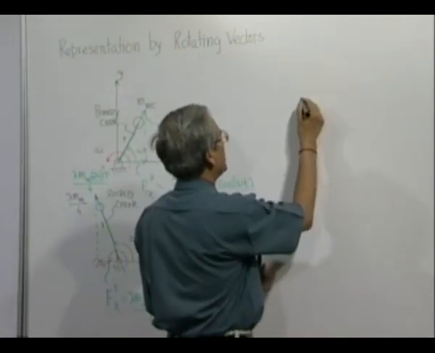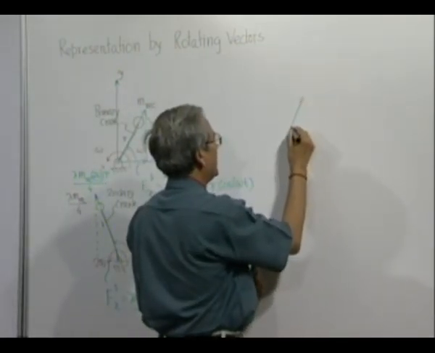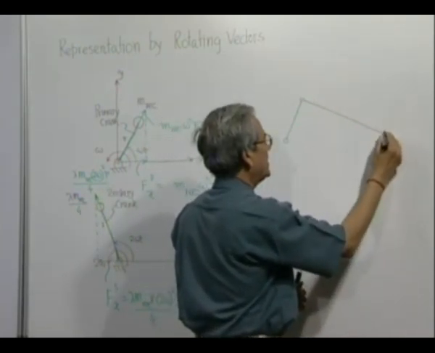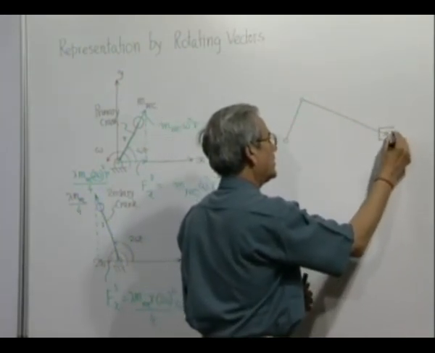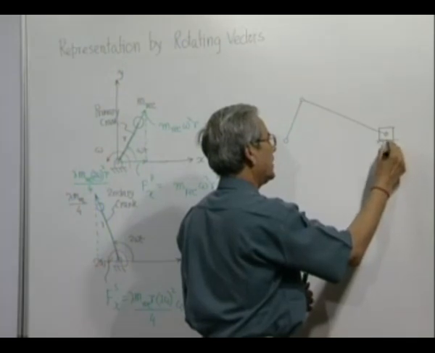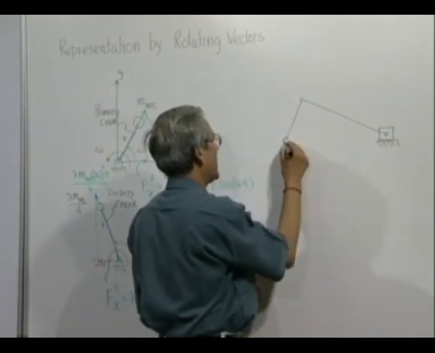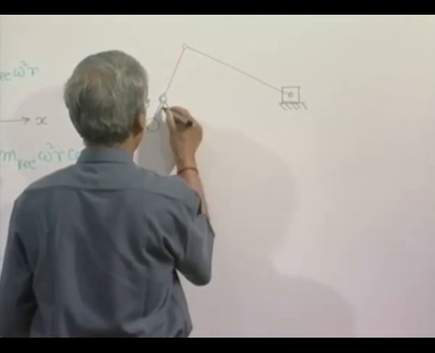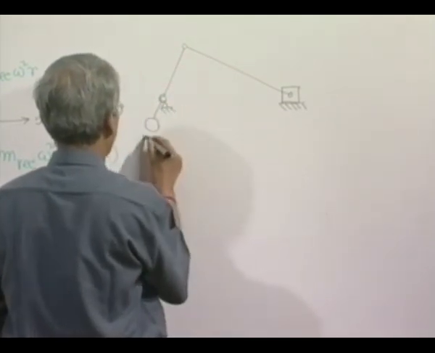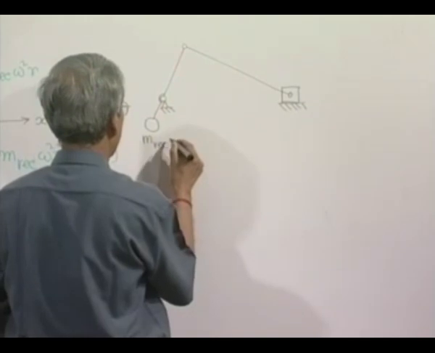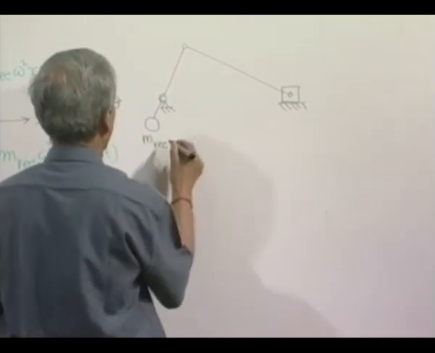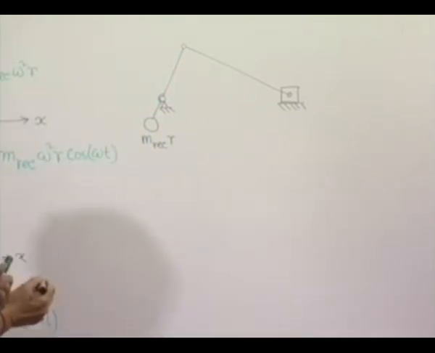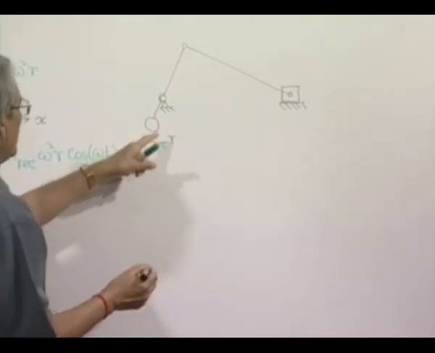Now let us see, this is our single slider machine. The rotary part has been already balanced by a counterweight, and I am now putting another counterweight which is m reciprocating r. That is, the unbalance kept here, the product will be equal to this.